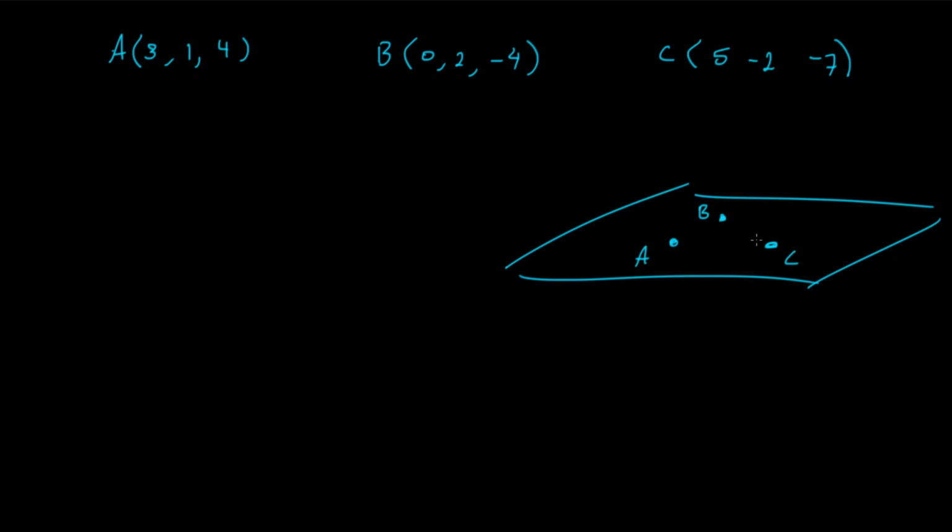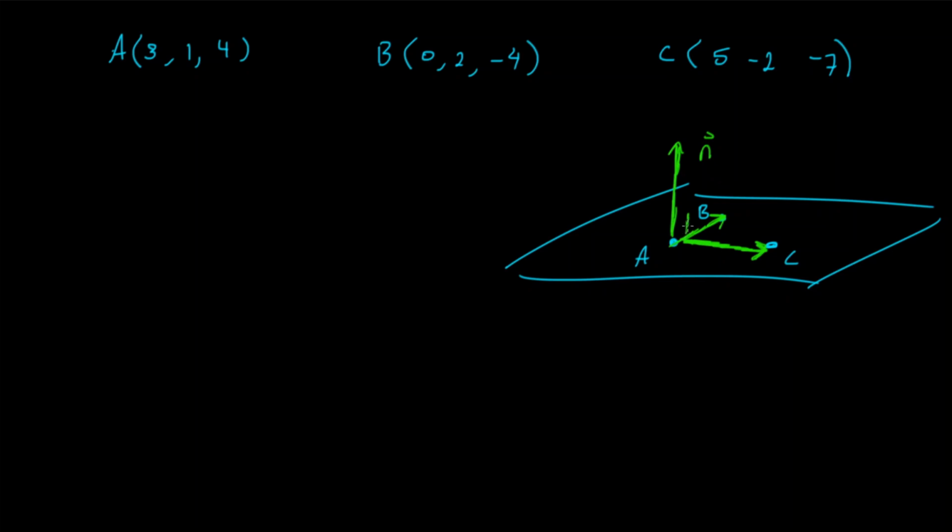If I have 3 points in a plane, I can create 2 vectors in the plane, vector AB and vector AC. That little vector here is a little bit off, but that's not the end of the world. I can find 2 vectors in this plane, and as we learned in the previous video, if you want to describe a plane, you need a vector perpendicular to the plane. We need what we call the normal vector.